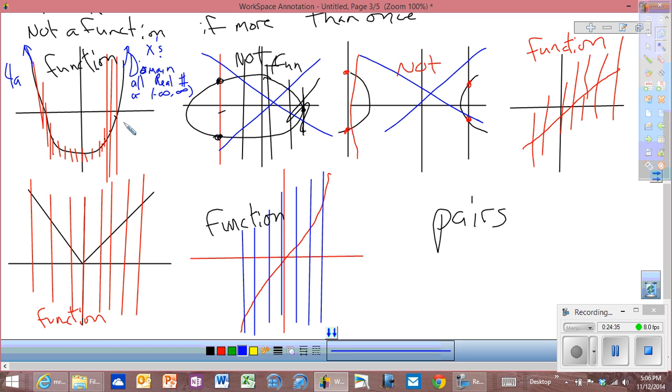Okay, the range is how far up and down it can go. Those are my y values, so y's. So the range: how high does this thing go? Both my arrows point up on this guy, so we know it goes up, but how far down can it go? We can pretty well count to right where it is.